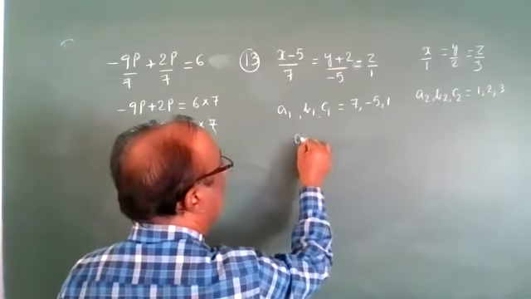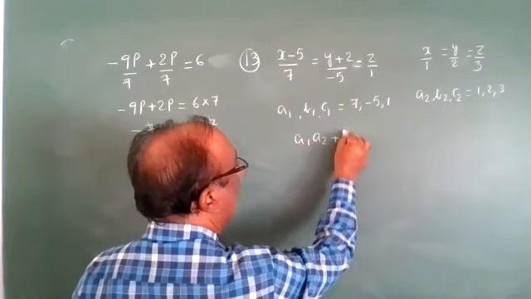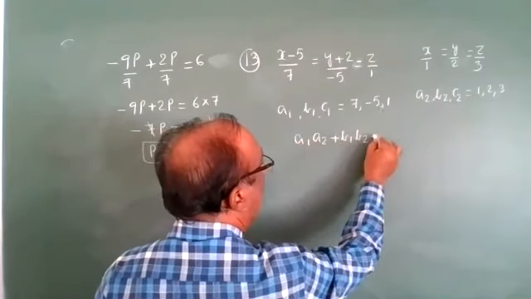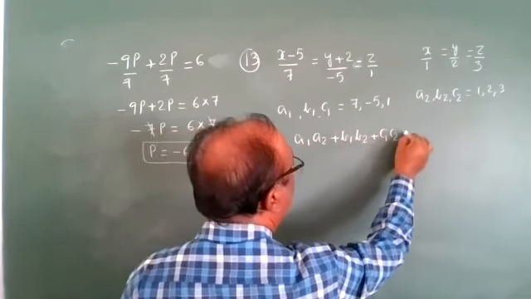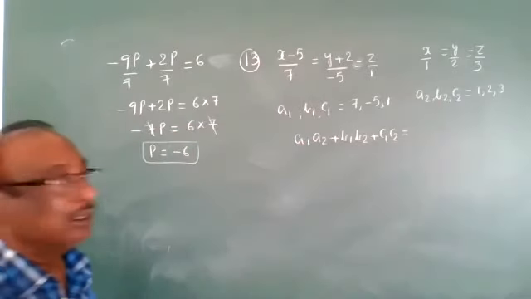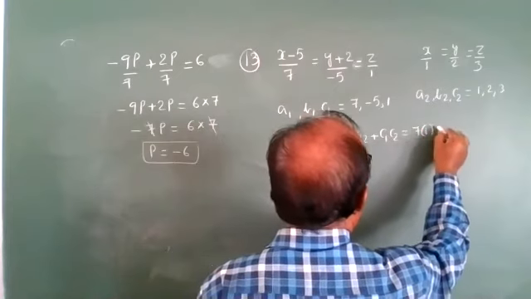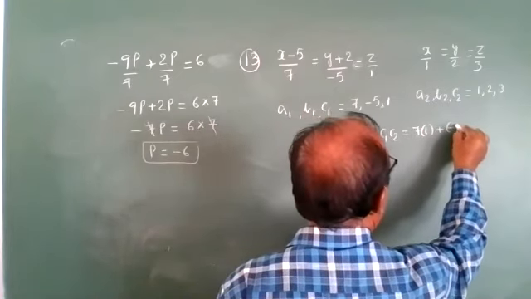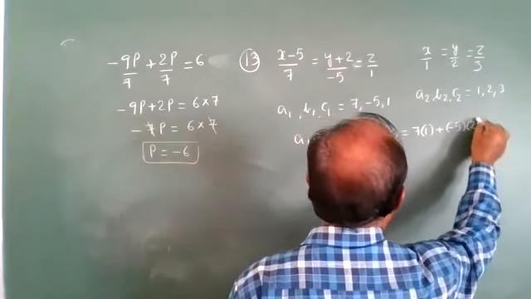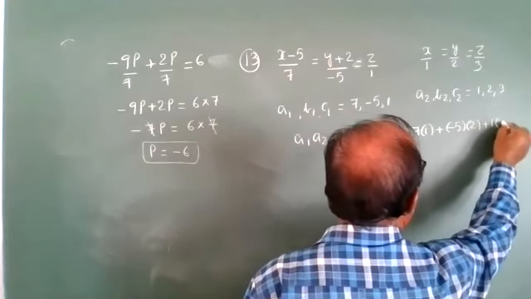Now find the value of a1a2 plus b1b2 plus c1c2. a1a2 is 7 into 1, b1b2 is minus 5 into 2, c1c2 is 1 into 3.